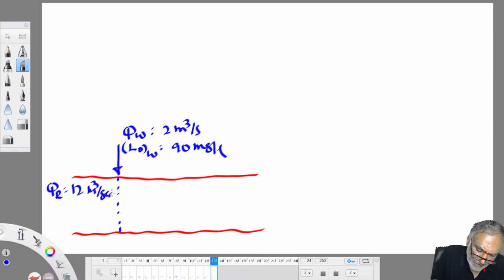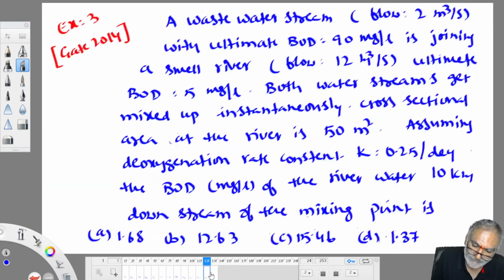Q river is 12 meter cube per second, and L0 on the upstream side of the river is, everything we work out in terms of ultimate only, 5 milligram per liter.